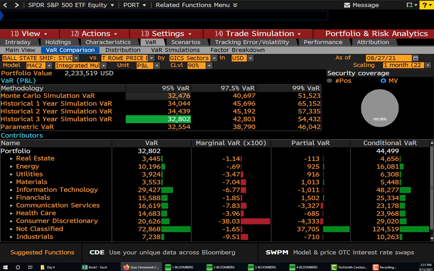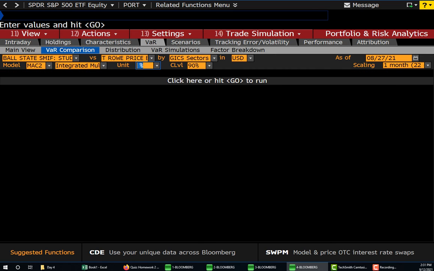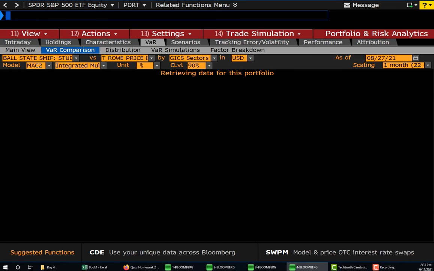So here, our largest 1 month expected loss in return percentage. Sorry, I need to change this. Give it a little more time.